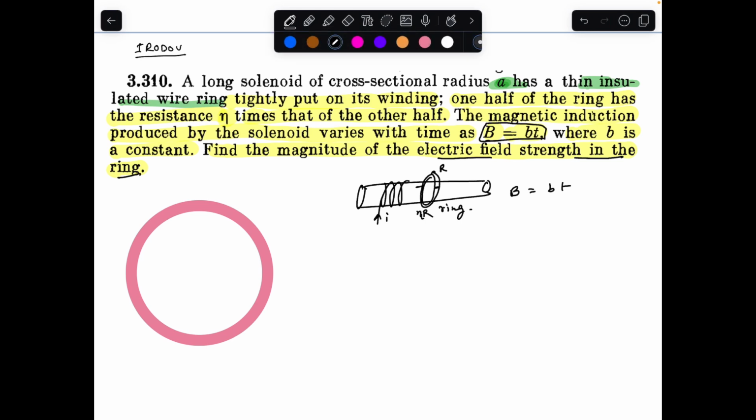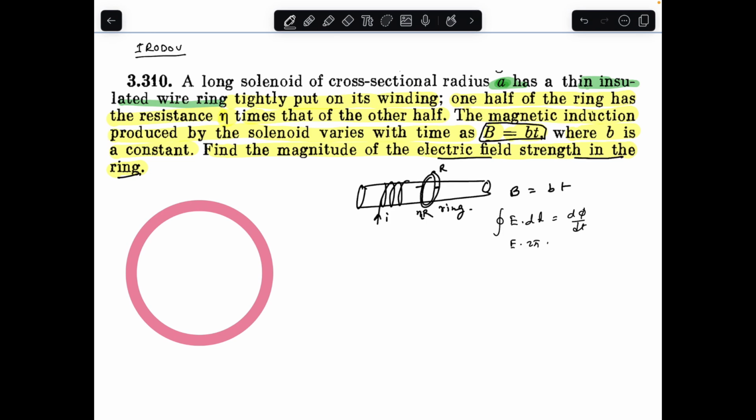Generally a student will think that I have to find the magnitude of electric field. So let us apply the closed integral of E dot dl equal to d phi by dt. Correct. So if you do this, E into 2 pi a equals d phi by dt, which is area pi a square into dB by dt.